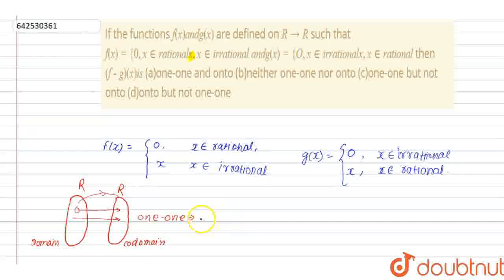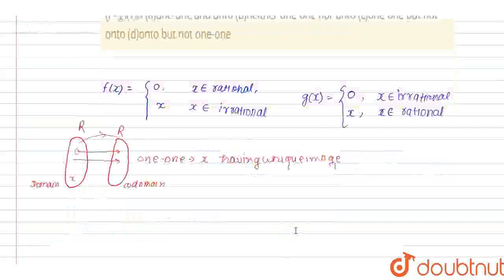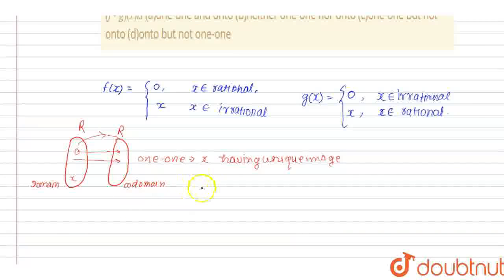So if an element of the domain is x, it has a unique image. That is one-one. Now, what is onto? We can say the function is onto when all the elements of the codomain have a pre-image in the domain, which means the codomain equals the range.